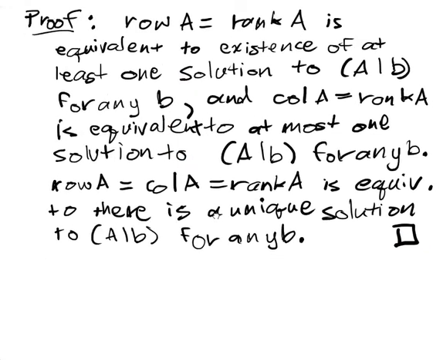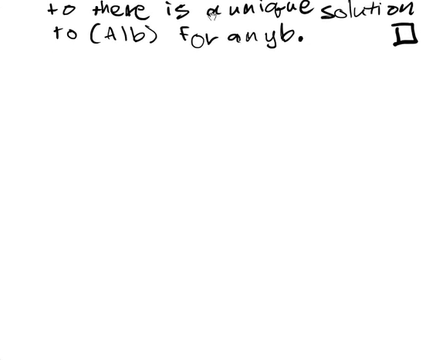Now, what are some interesting consequences of this? One thing is that if we have a non-singular matrix, a necessary condition for non-singularity is that col A is equal to row A for non-singular matrices.